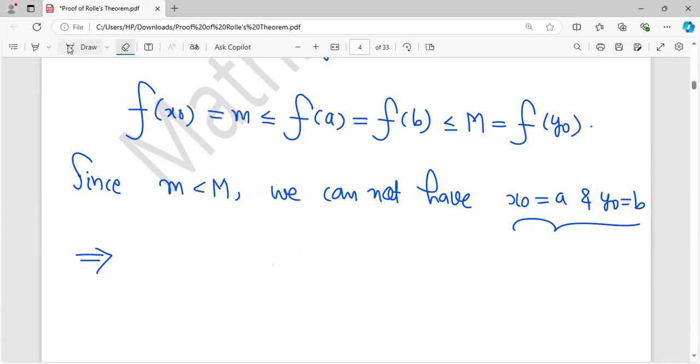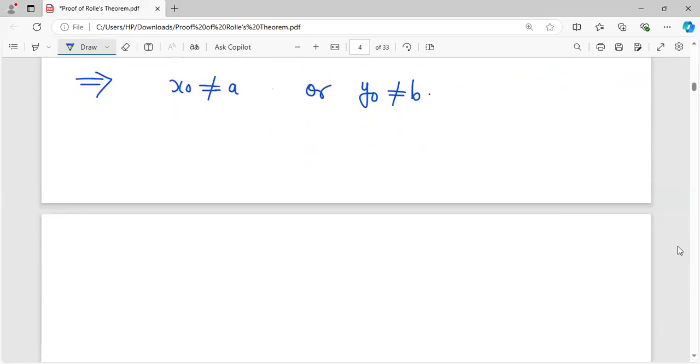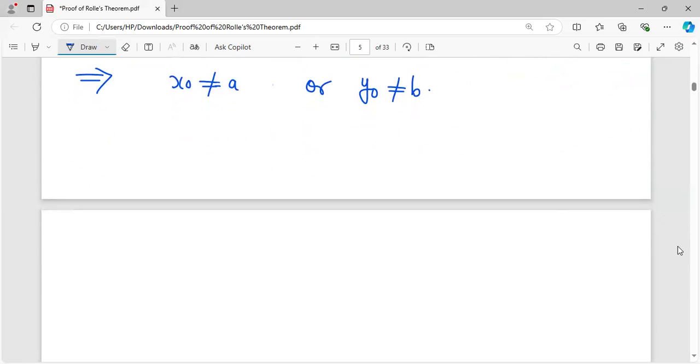This case is not possible, so this implies x naught is not equal to a, or y naught is not equal to b. Now we'll take this as a subcase. Suppose x naught is not equal to a. So consider this subcase. Subcase 1: x naught not equal to a.